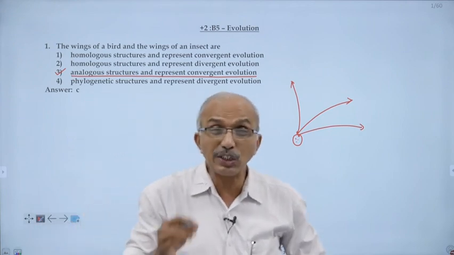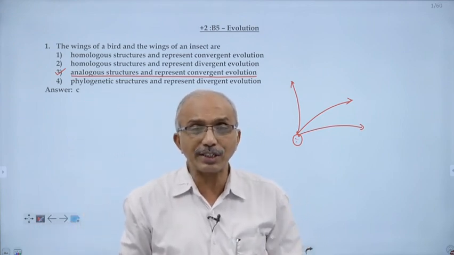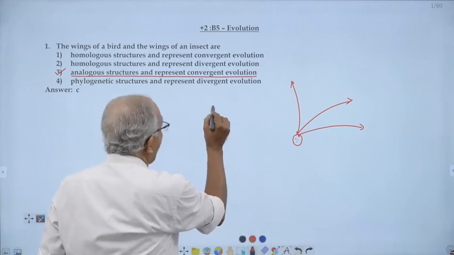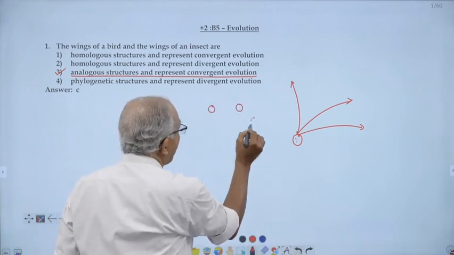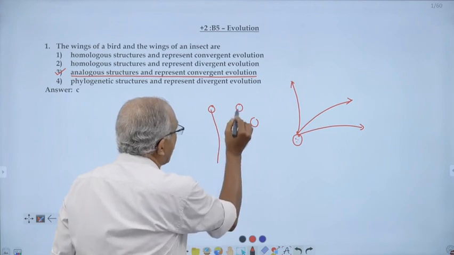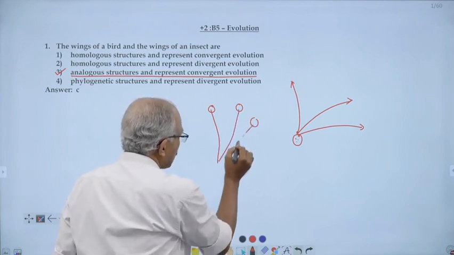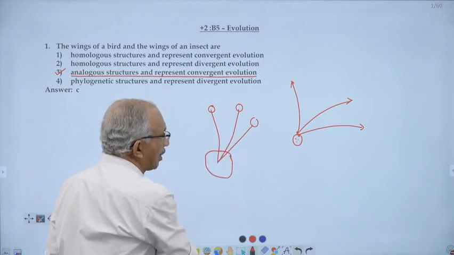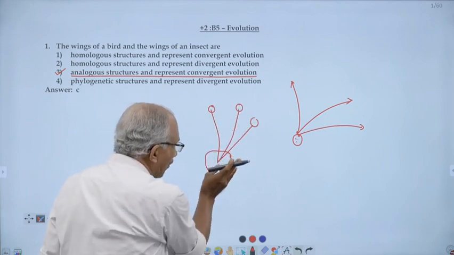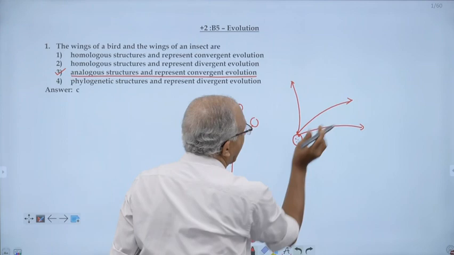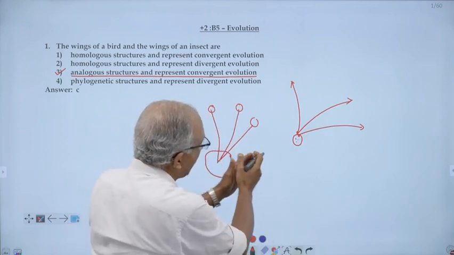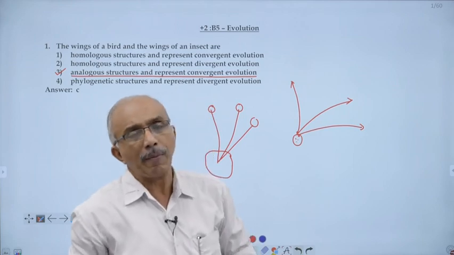So the functions of the structures are different. In convergent evolution, from different ancestry, they converge into the same habitat. This is convergent evolution. This is divergent evolution.